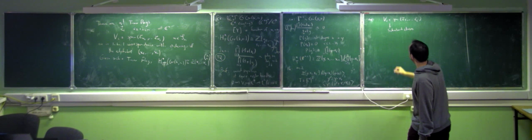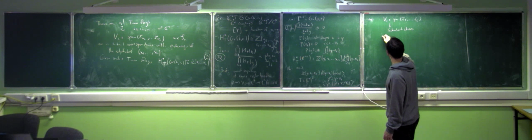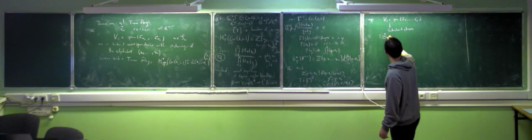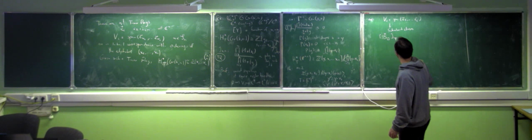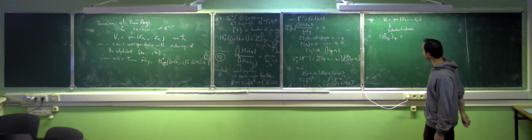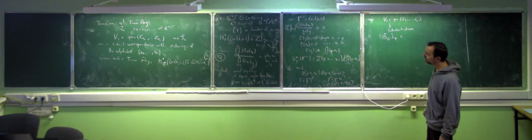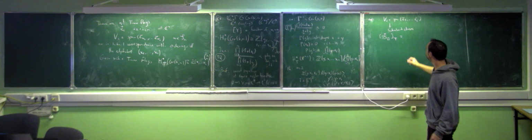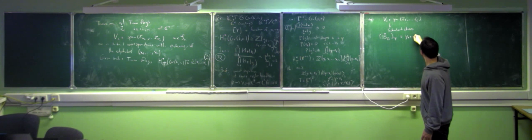So for example, I should be able to tell you what the equivariant class of the one box is. Let me insist by putting a little t. So what is this thing? We already know that non-equivariantly it used to be just the elementary symmetric function, the sum of coordinates. So it used to be just y1 plus dot dot dot plus yk.